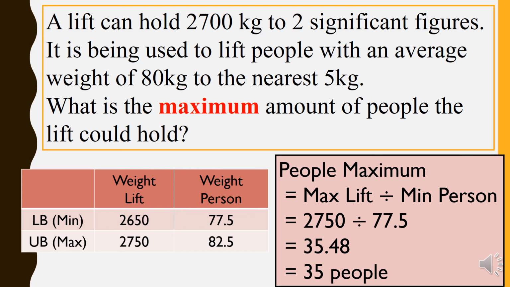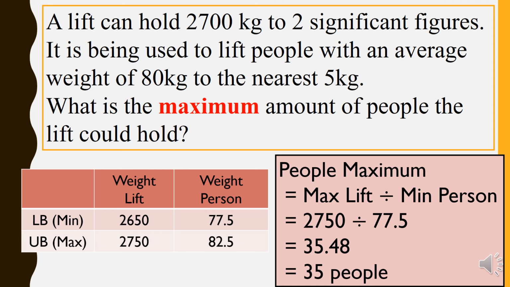The same method applies to the weight of a person. The lower bound is 77.5, since it's to the nearest 5 kg, and the upper bound is 82.5. Since it involves division, we need the maximum lift capacity divided by the minimum person weight.